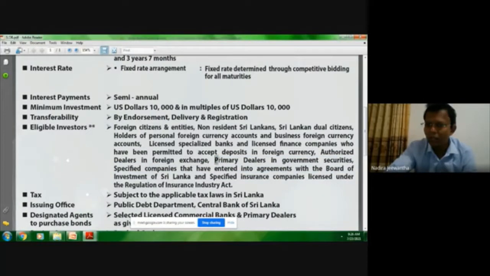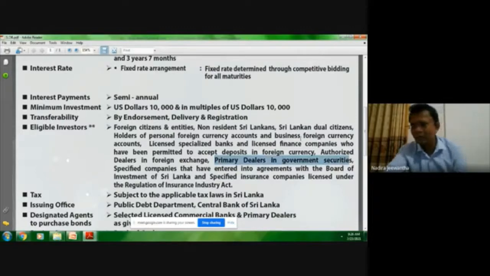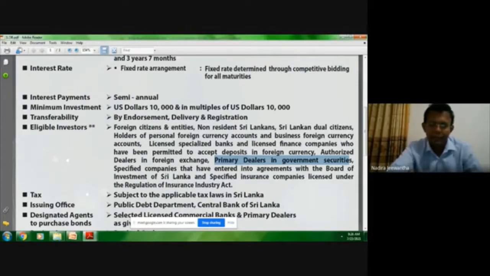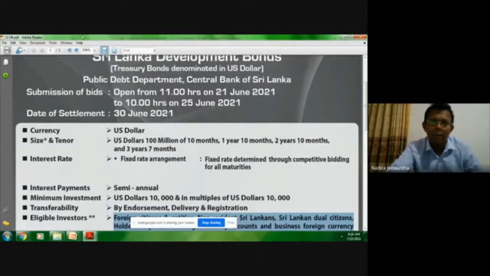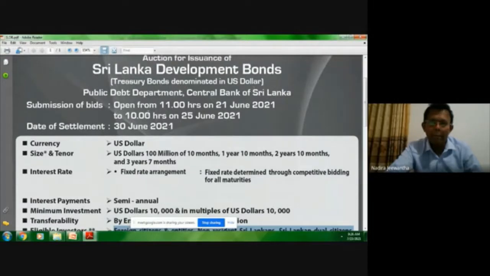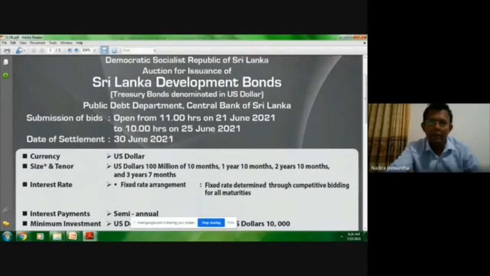Do the primary dealers have dollars? They don't have dollars, but they can raise dollars for this particular purpose only. These are the people who can participate at the auction.